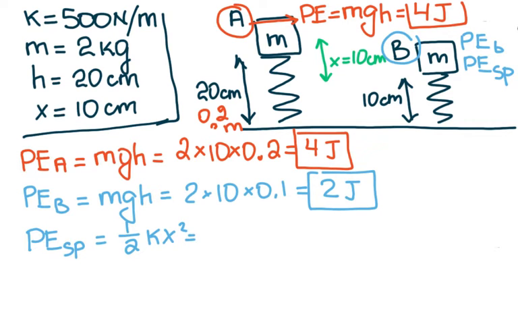So that is 1/2 times 500 times x squared, which is compression, 10 centimeters, so that is 0.1, and I'm using the green 10 centimeters, the one it was compressed by. So from here I will get that that is equal to 2.5 joules.